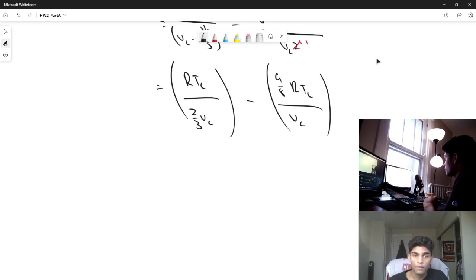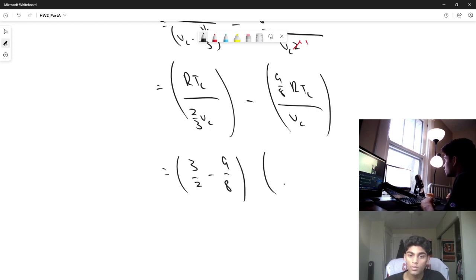So further simplifying that down, since we have a common coefficient for both of these, RTC over VC, let's just shove that off to the side. We're just left with subtracting our coefficients. This is 1 over 2/3, which is 3/2, minus 9/8, times RTC over VC.